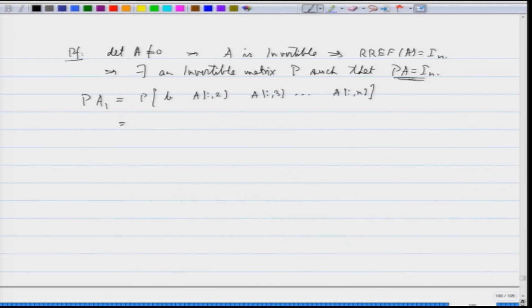So, I am looking at P of A1. This is the same as PB, P times the second column of A, P times the third column of A, and so on. So, this is the same as PB. What is this? This is supposed to be the second column of identity.